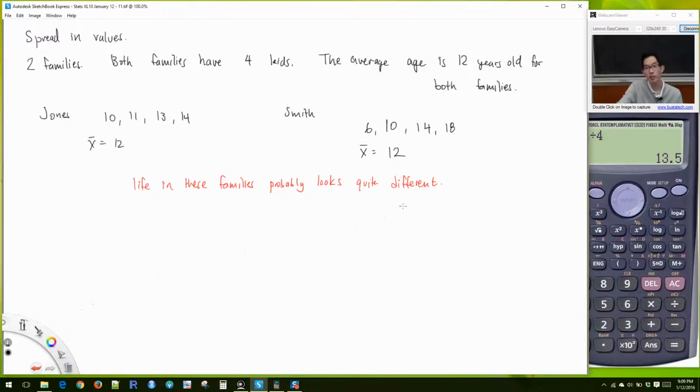That's because the spread in ages in the Smith family is much greater than the spread of ages in the Jones family. So this concept of spread.